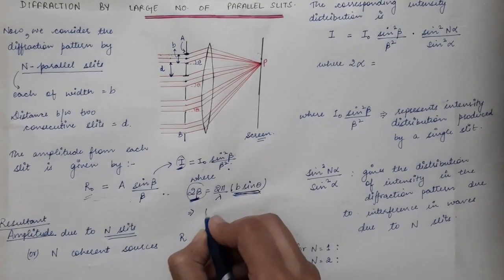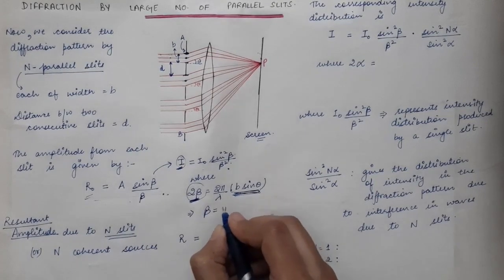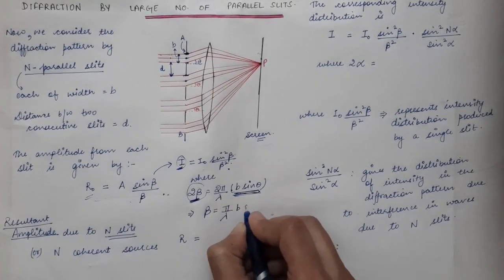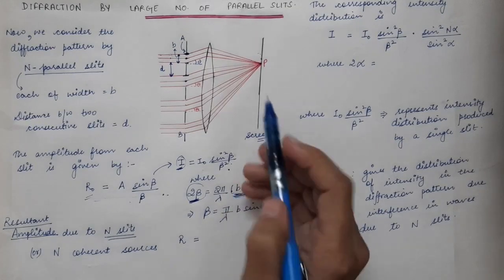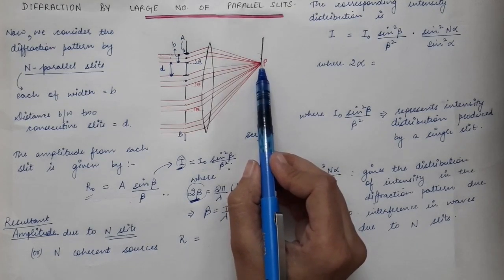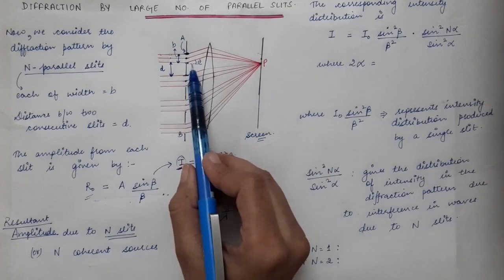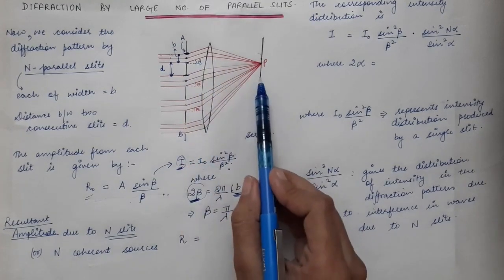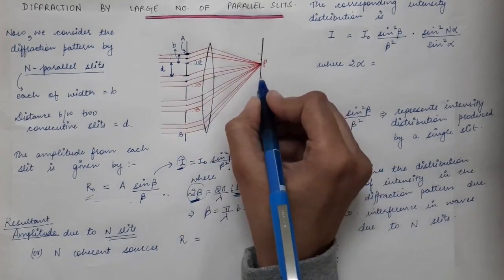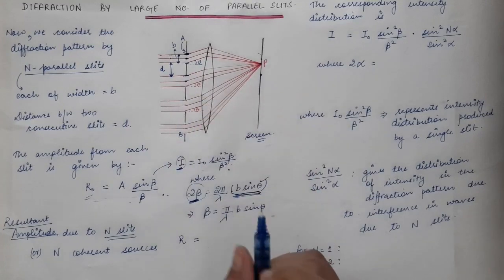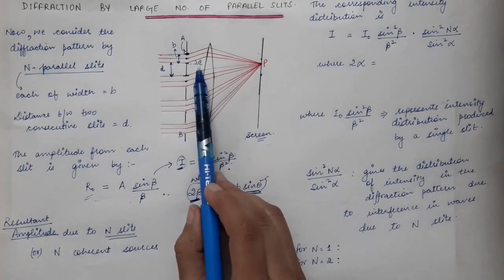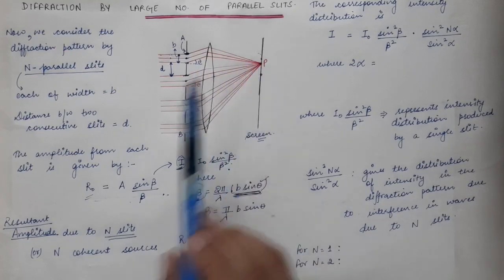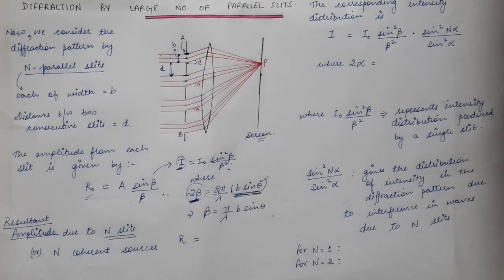So from here we can say that beta is equal to pi by lambda into b sine theta, where theta is the angle of diffraction for a particular point. Let's say for this observation point the diffraction angle is theta, and for some other point the diffraction angle will be less than this particular angle. So the diffraction angle theta depends upon the position of the observation point.